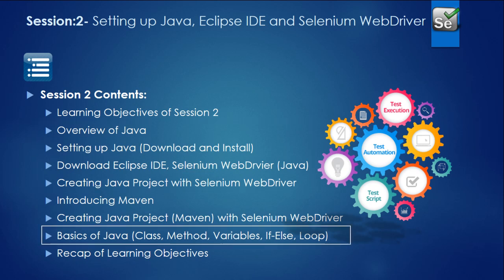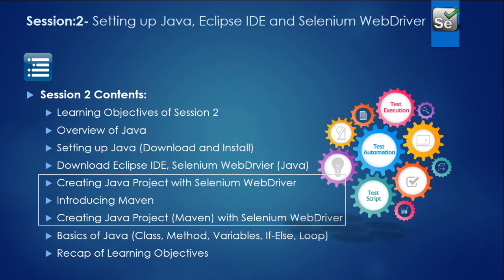We'll review all of the basic syntax and constructs of Java as a programming language, which will enable you to have enough programming skills to start coding. Next, in the last part, we'll have a look at creating a Java project and then associating Selenium WebDriver with it. Lastly, in part 3, we'll also cover topics like Maven and then creating a Java project with Maven as well as Selenium WebDriver.